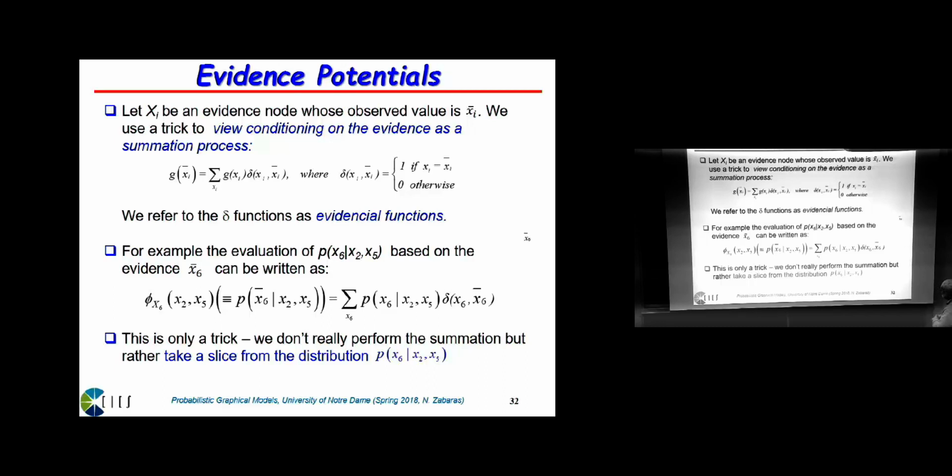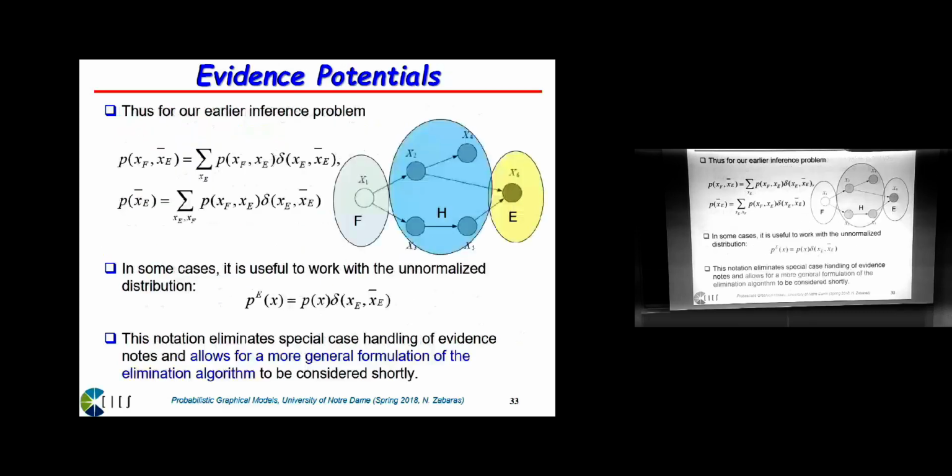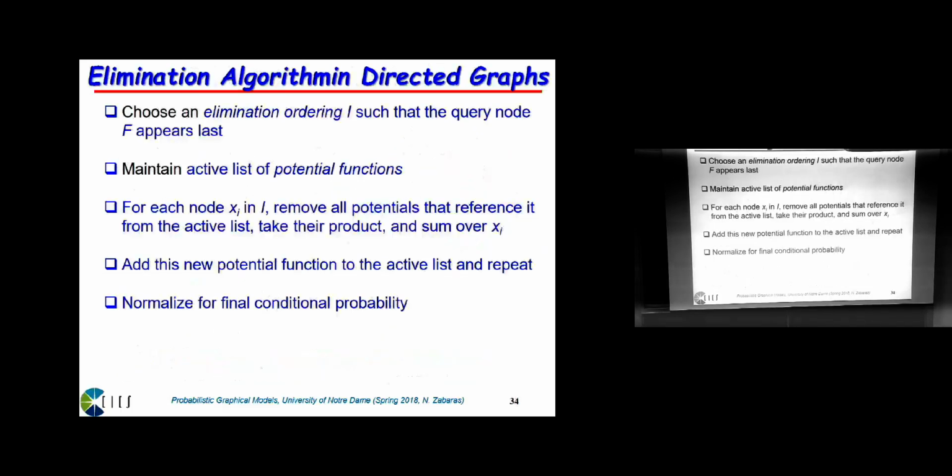You don't really program it like this, but if you want to write it in a generic mathematical way, you can say, if the values are given at the node, assign an evidence potential in addition to the conditional distributions. So when you write the whole distribution, the factorization of the graph, you also multiply with these evidence potentials, and the rest in the elimination algorithm is exactly as before. And here I generalize this with these evidence potentials.